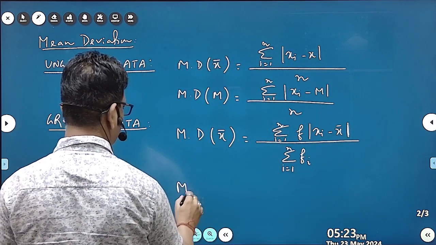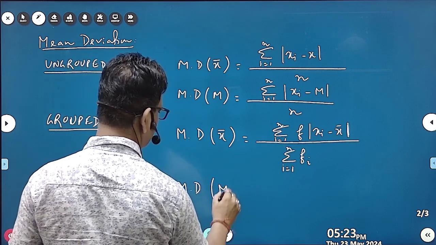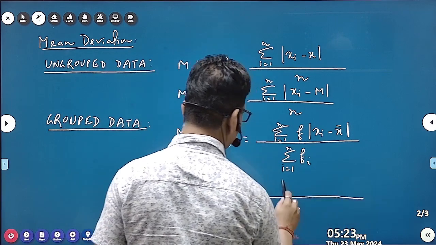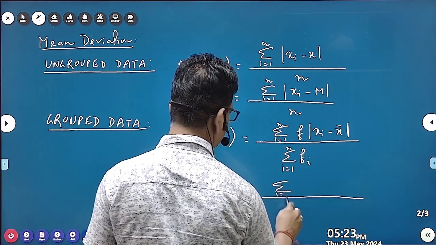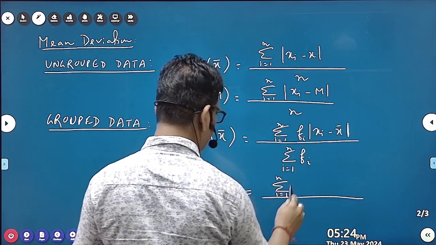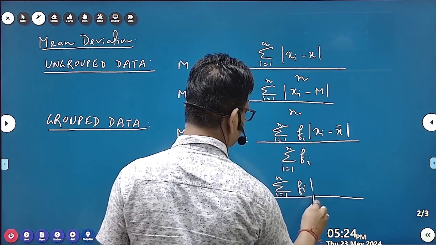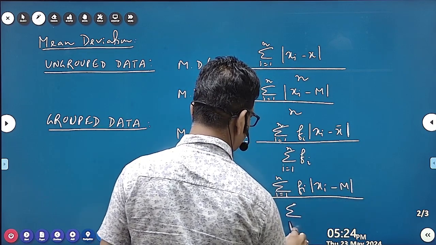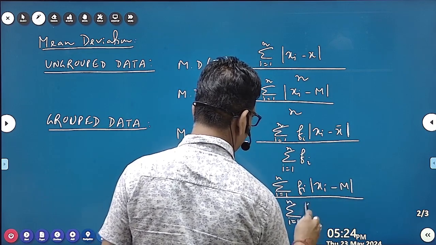Again, mean deviation about median, the similar one: summation of i equals 1 to n fi |xi minus m| divided by summation of i equals 1 to n fi.